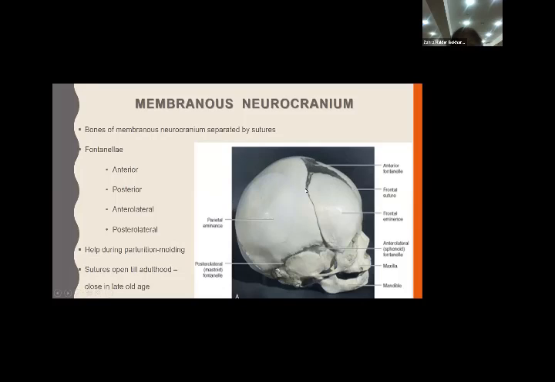These gaps left in between the bones of the vault of the skull are called fontanelles. So you have an anterior fontanelle, a posterior fontanelle over here, an anterolateral fontanelle, and a posterolateral fontanelle.